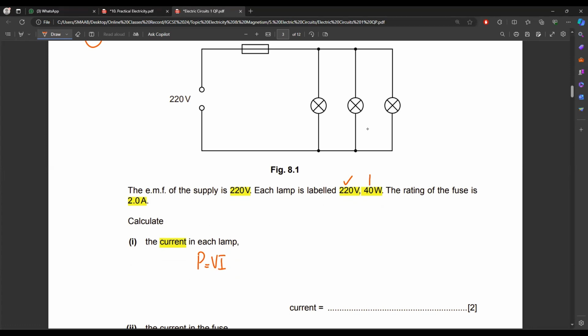So power is 40 watt, voltage is 220, and the value of electric current is unknown. So the current is 0.18 ampere, right?